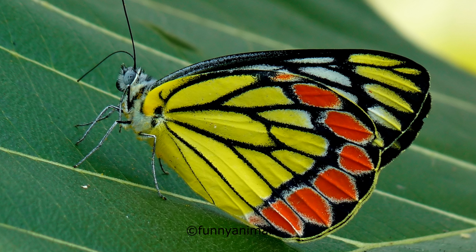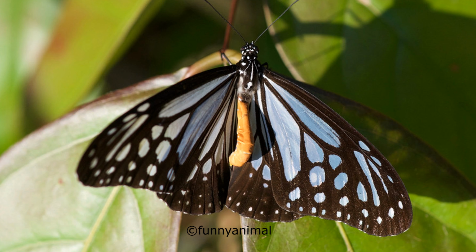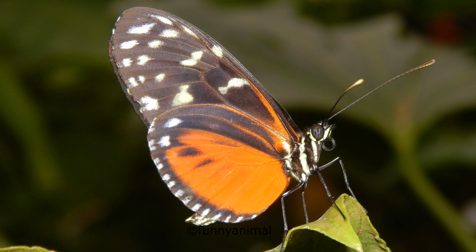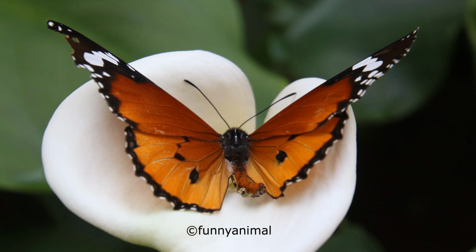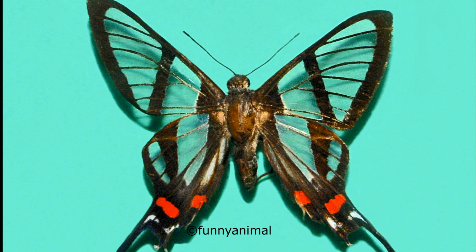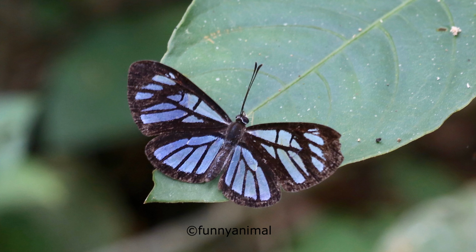Pieridae butterflies are commonly known as whites and allies, and they are mostly white, yellow, or orange. Some are serious pests of Brassica. Riodinidae butterflies are commonly known as metalmarks because they have metallic spots on their wings. They are often conspicuously colored with black, orange, and blue.